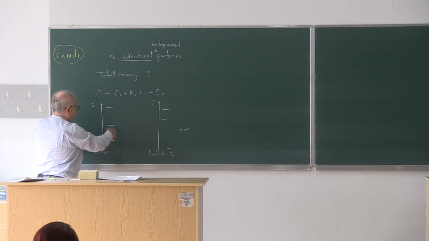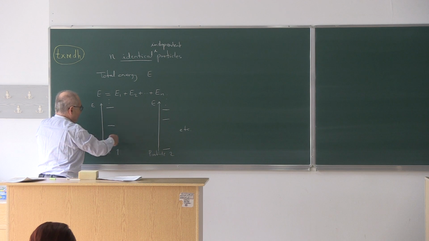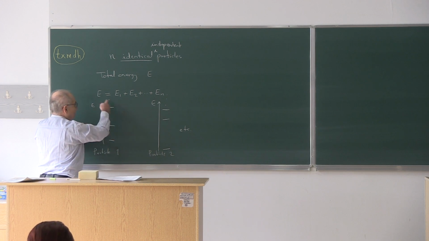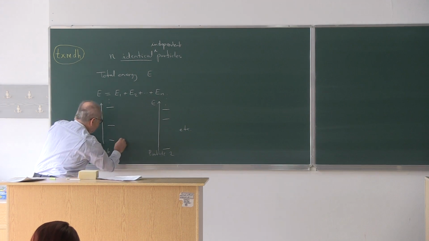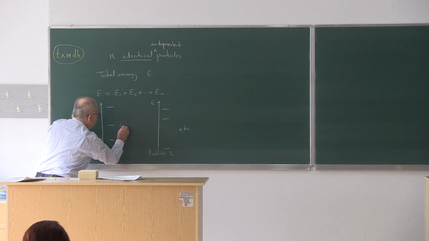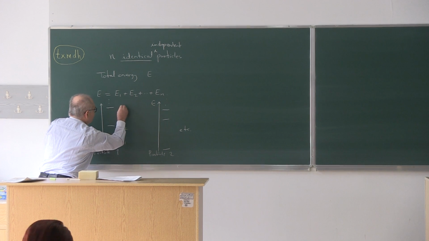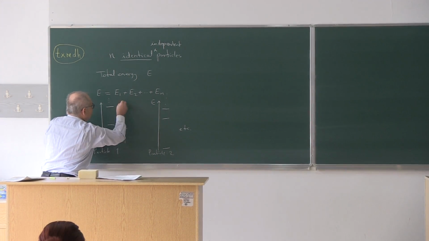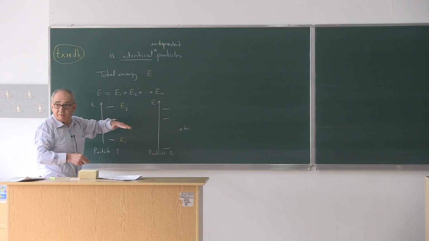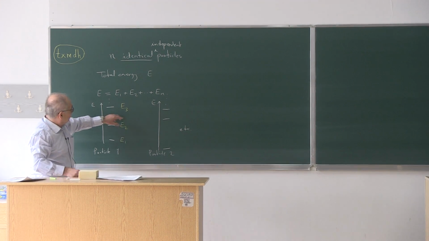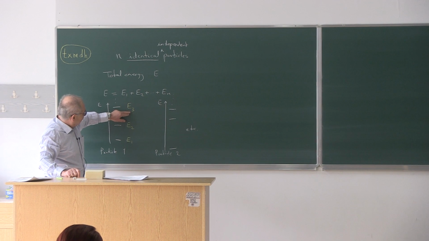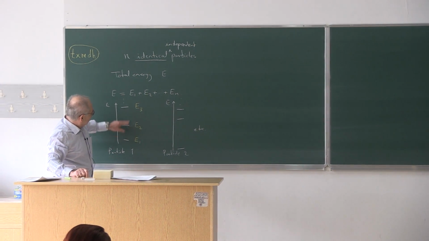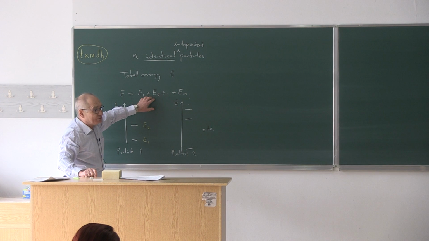Let us number or label the energy levels of just one of these identical particles. Call this one E1, this one E2, this one E3, and so on. Please note that the use of integer index to label the energy levels is different from this expression.